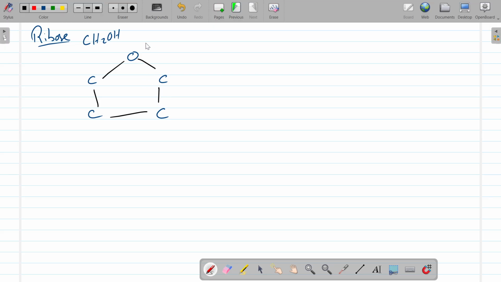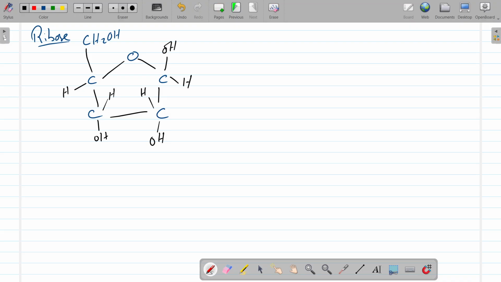That's sort of like a pentagon, right? And the rest of these are taken up by either hydrogen or OH groups. There's a hydrogen here. And that is what ribose looks like in specific.